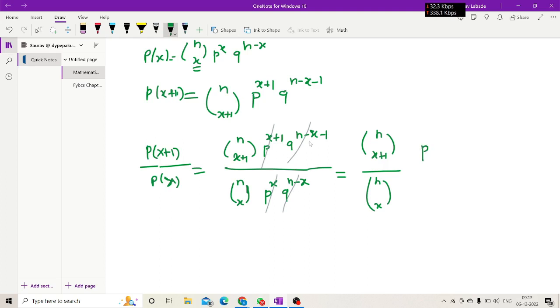The q raised to n minus x cancels, but q raised to minus 1 is still there.